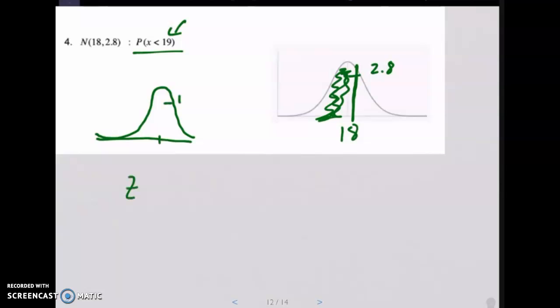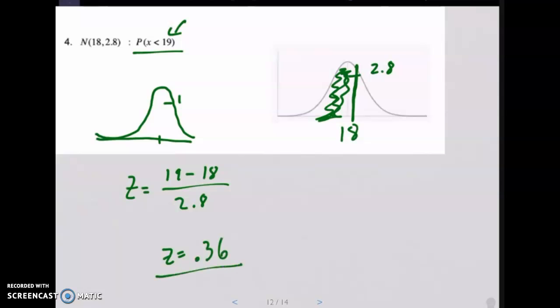So let's do that real quick. Let's see how many standard deviations away 19 is from 18. So if we do that, we go 19 minus 18 divided by the standard deviation, 2.8. And we get z equals 1 divided by 2.8, which is 0.357. We'll say 0.36.